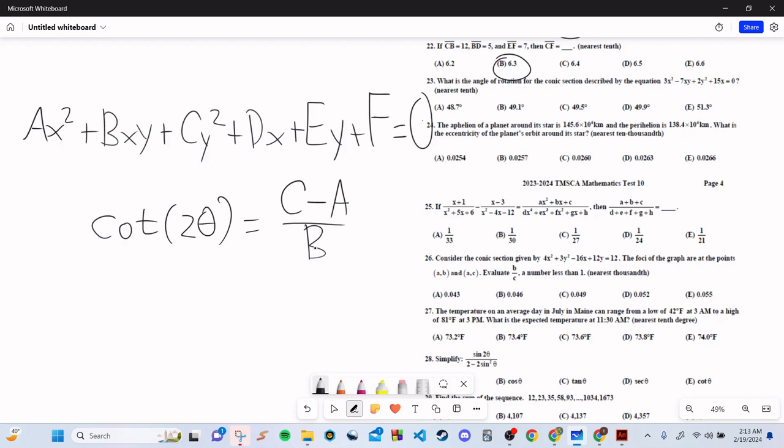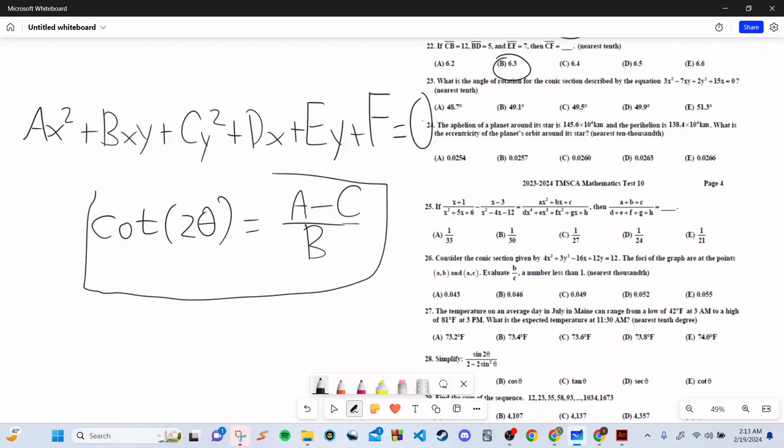Okay, I might have had it backwards, y'all. Okay, yeah, I had it backwards. My bad. So it should be a minus c over b. All right. Okay, boxed in, this is the equation you gotta know.